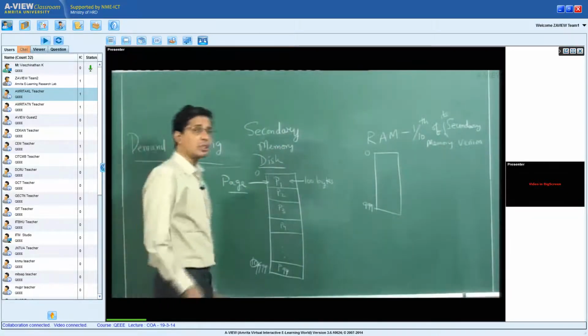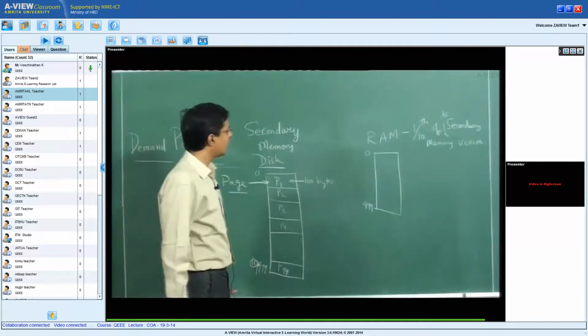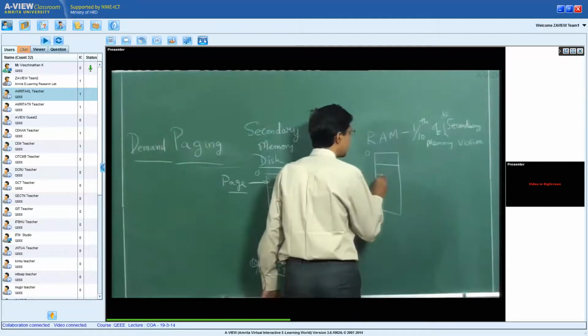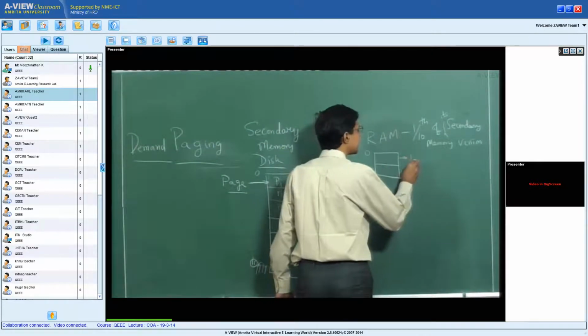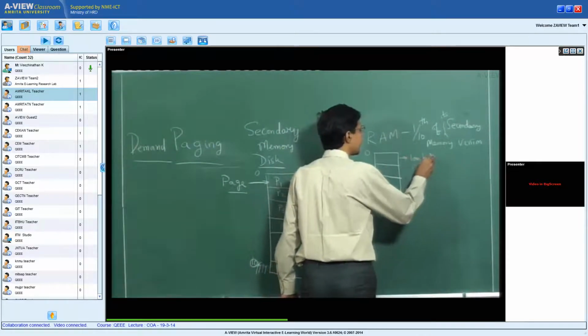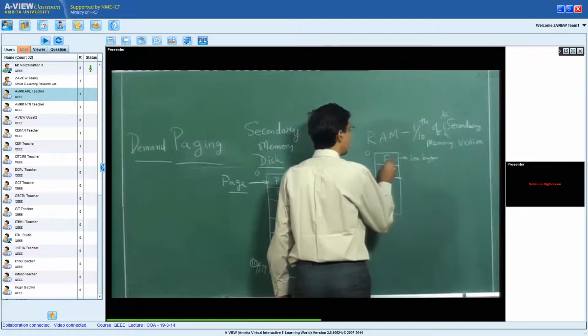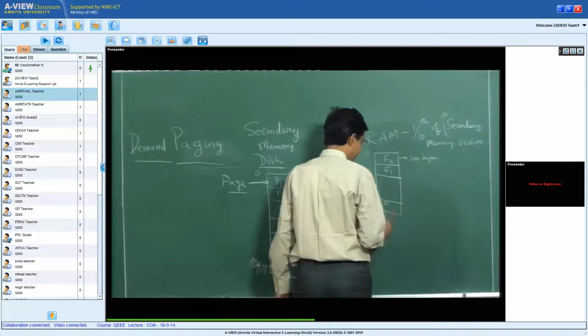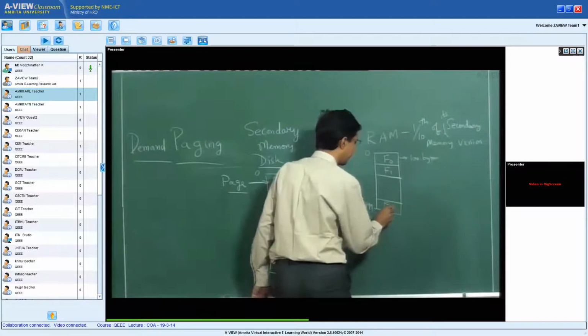Now I will also logically view this RAM as partitioned again into 100 bytes each. So that will be F0, F1 to F9.